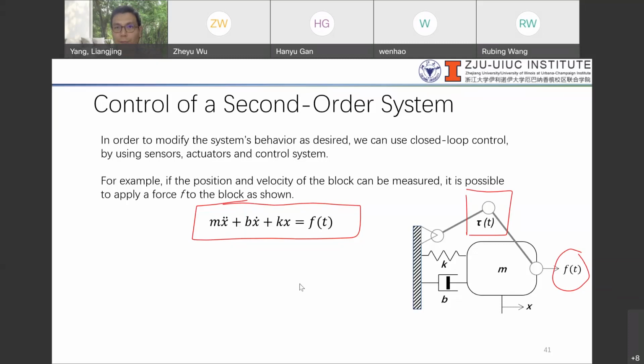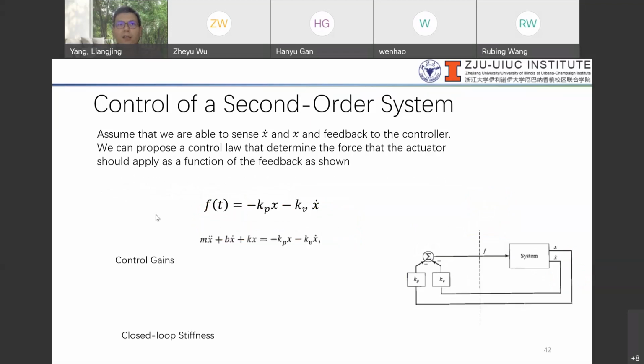So we see that we need to input this F(t) into the system. We need to know the kind of F(t) to input to the system. Let's say we design a control law that will tell us what kind of F(t) to put in by observing x and x dot.